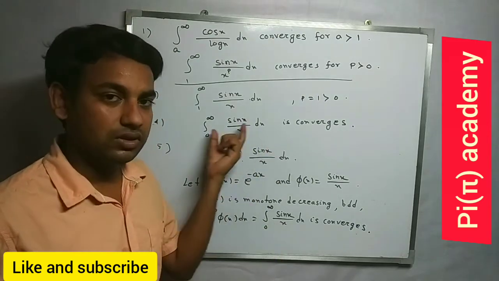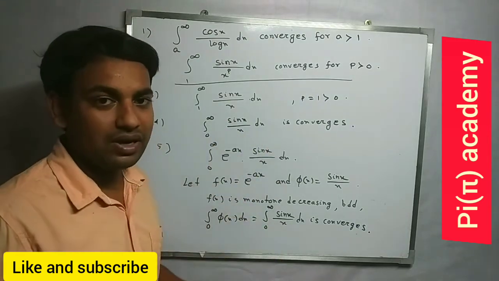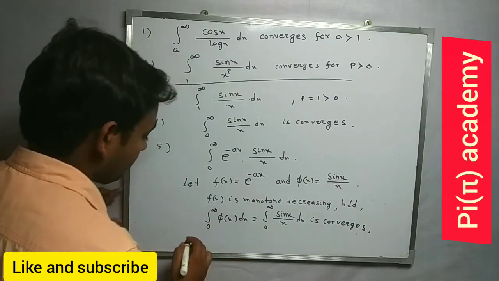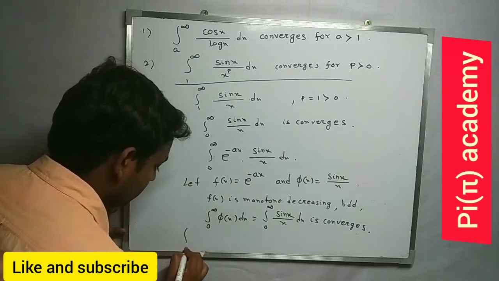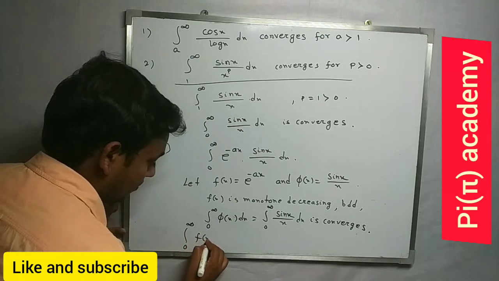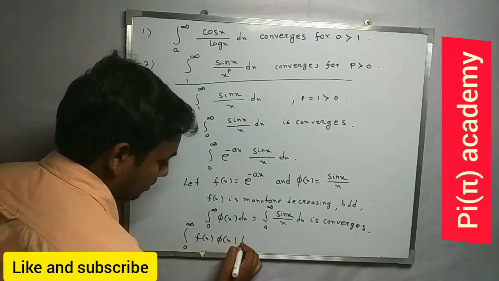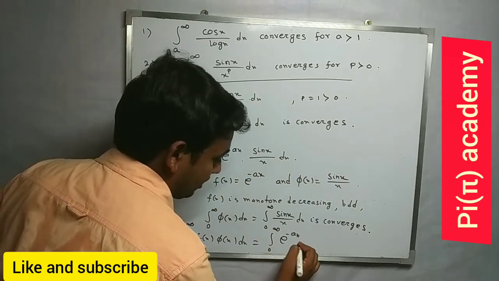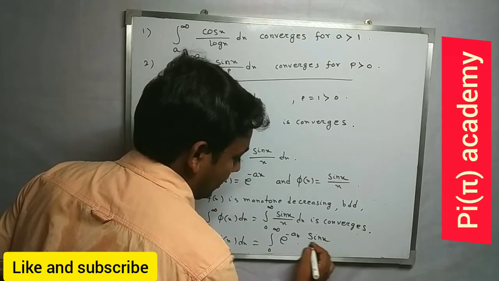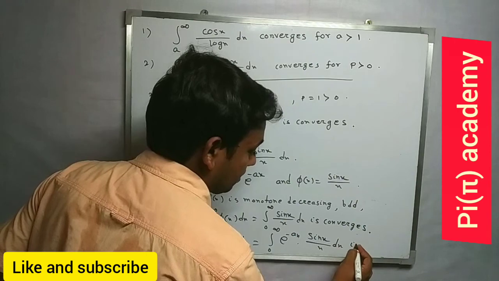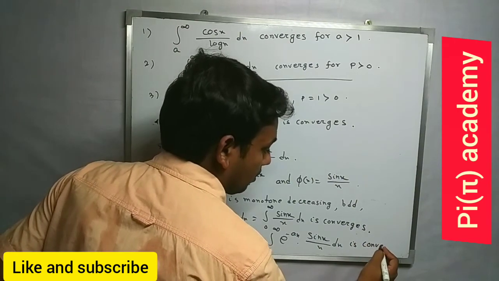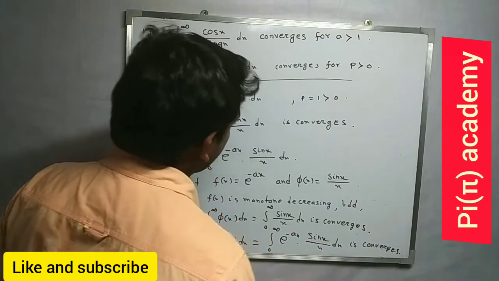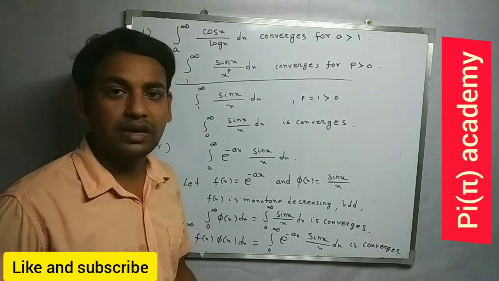Since this is convergent, by the Abel test we can say the integral from 0 to infinity of f(x) phi(x) dx, that is the integral from 0 to infinity of e to the power minus x into sin x by x dx, is convergent. And that's all. Thank you for watching.